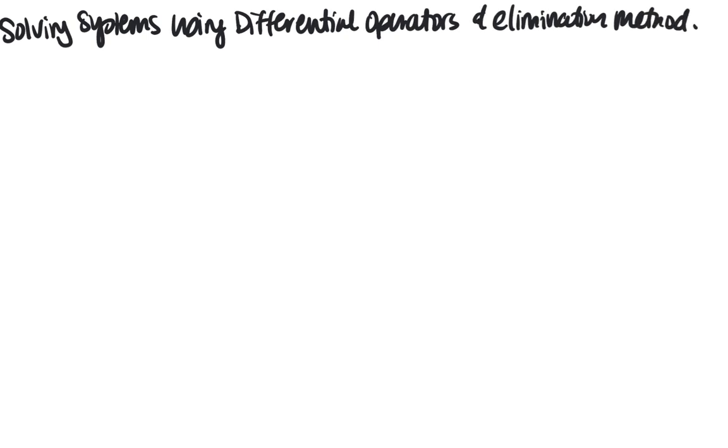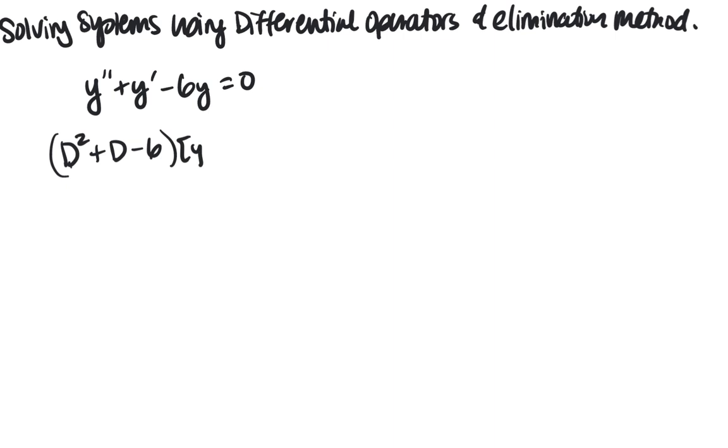Okay, so just real quick, let me talk about a differential operator. If I have some differential equation like y double prime plus y prime minus 6y equals 0, and I wanted to write this using differential operators, I would write this as D squared plus D minus 6 operating on y.